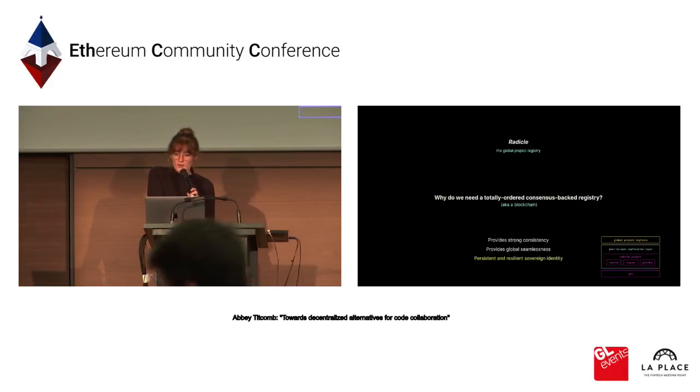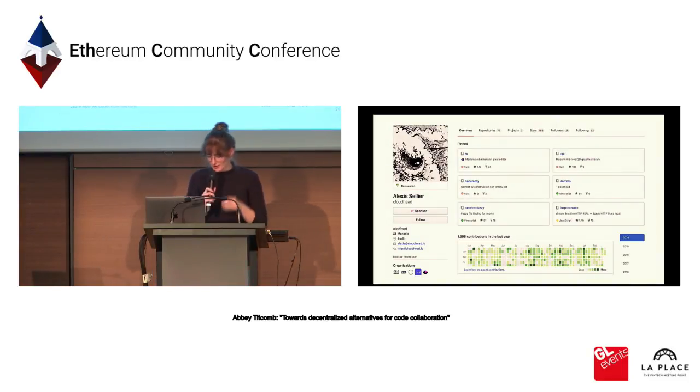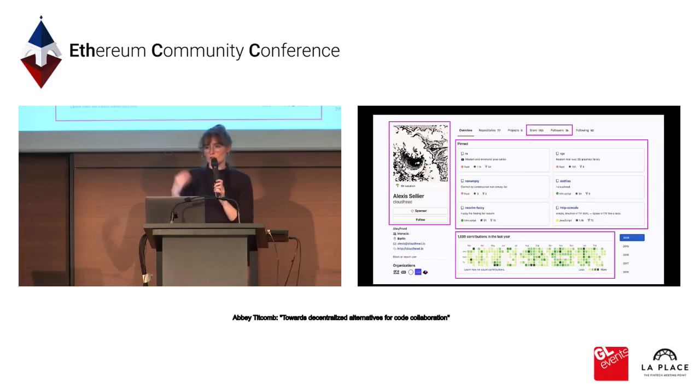So if we talk about our identity on GitHub, what is our developer identity? This is one of our founders' GitHub profiles. Our identity is really defined by UI components, right? It's our profile, it's our avatar picture, it's our handle, it's our follows, it's how many stars we have, it's projects that we're associated with, it's how many contributions we have in the last year.